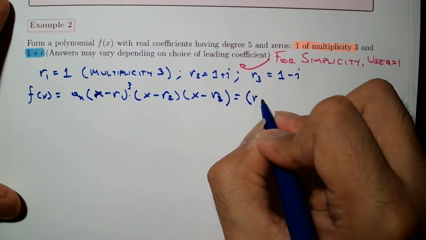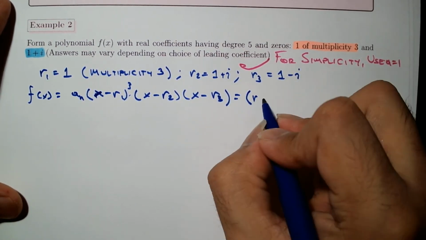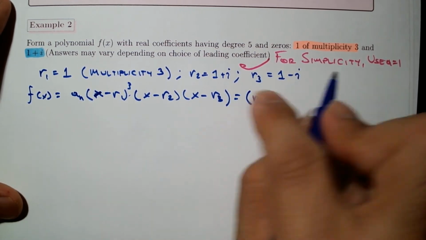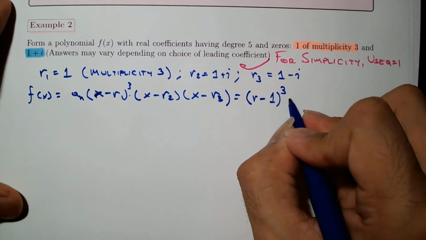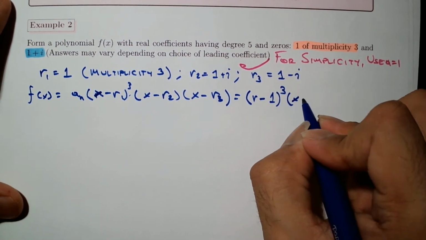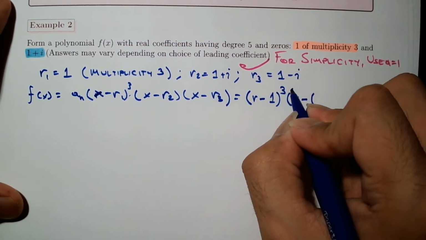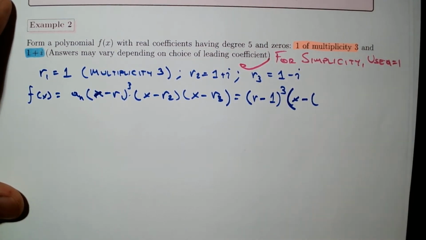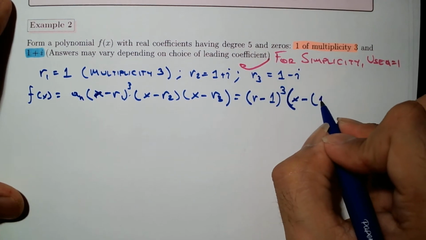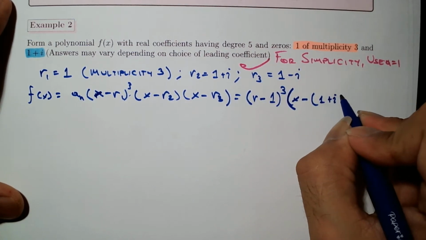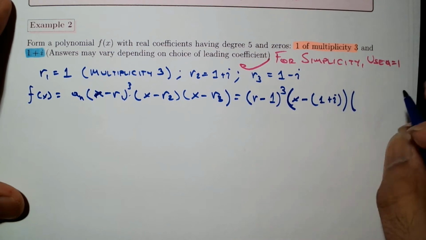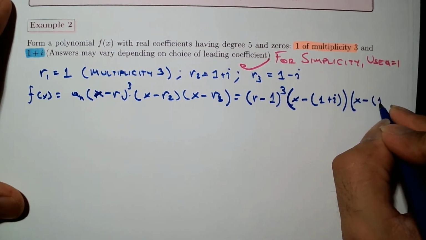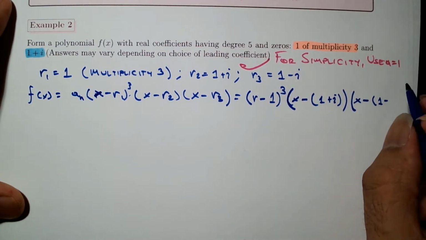So x minus 1, quantity cubed, times x minus, careful with what we're going to write here, this might look familiar from the previous review video, x minus the quantity 1 plus i, times x minus the quantity 1 minus i.